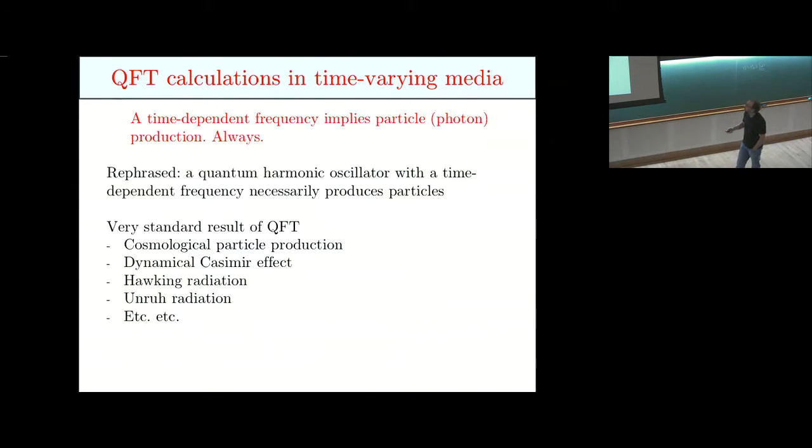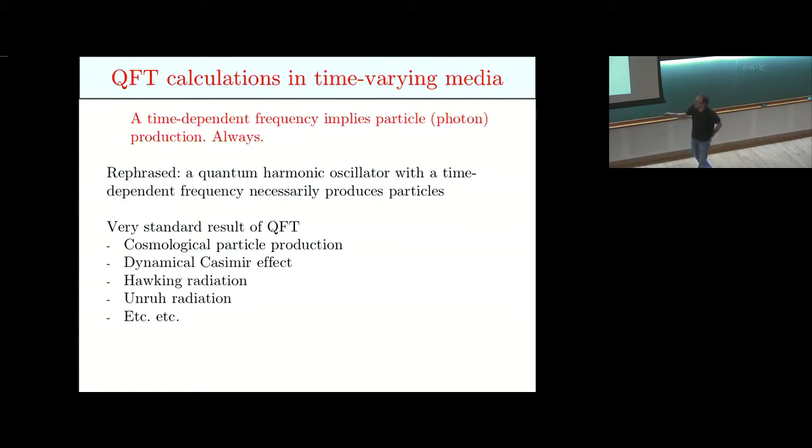Now let's look at this in a little more detail. This claim, a time-dependent frequency implies photon production. Rephrased, a quantum harmonic oscillator with a time-dependent frequency necessarily produces particles. As I hinted earlier, this is a very standard result of quantum field theory in curved spacetimes, and lies at the basis of cosmological particle production, the dynamical Casimir effect, and even Hawking radiation and Unruh radiation.